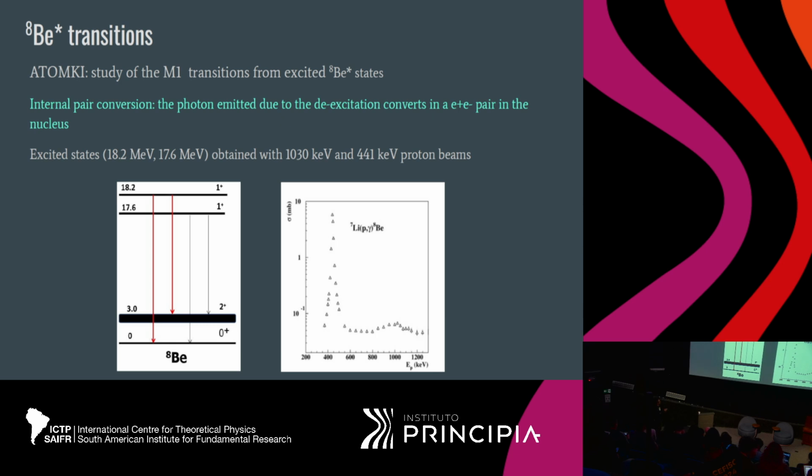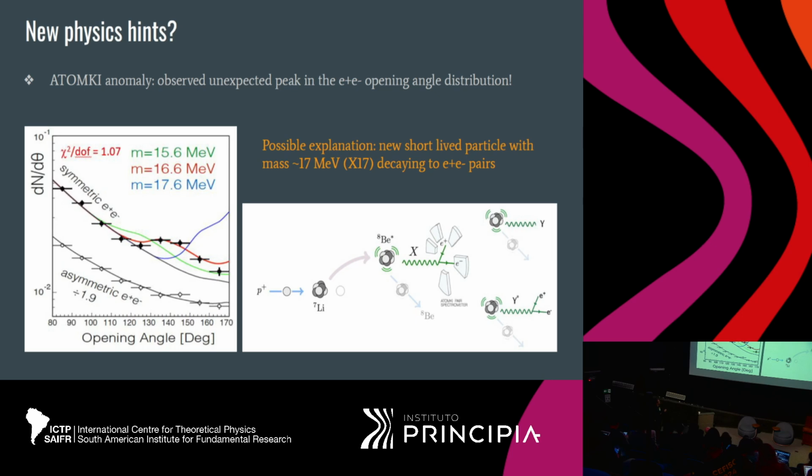Here is the cross-section for this reaction of the proton beam impinging on this lithium target, which has a spike in correspondence of the two energies used to excite this level. So why am I talking about this? Because while we were searching for other things, we were studying the angular distribution of these two emitted electron and positron.